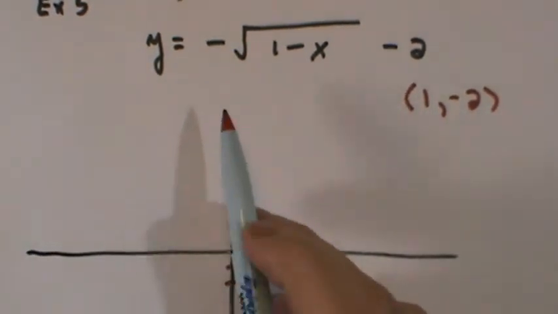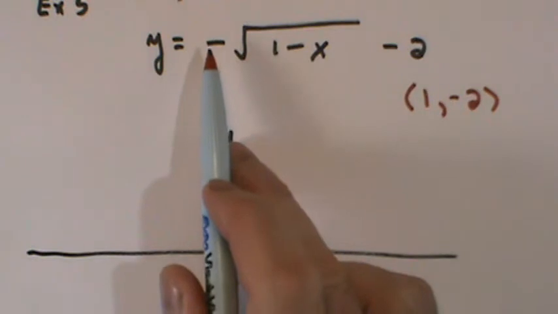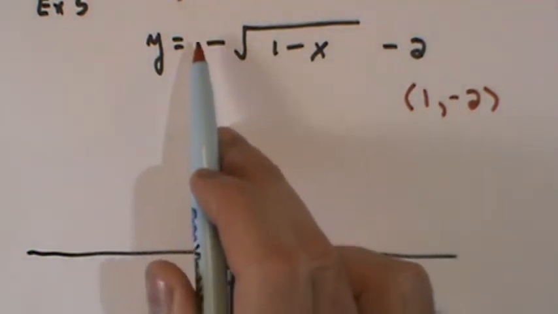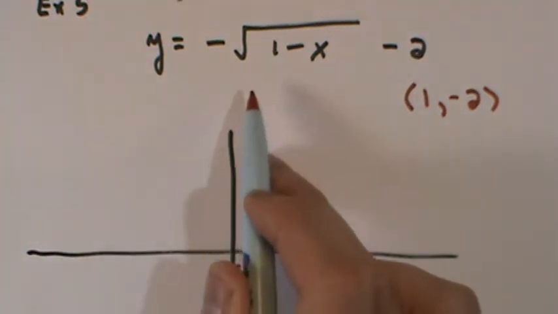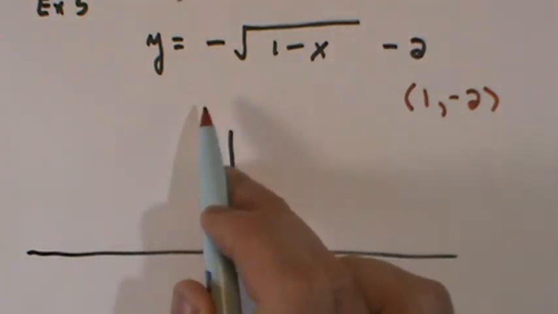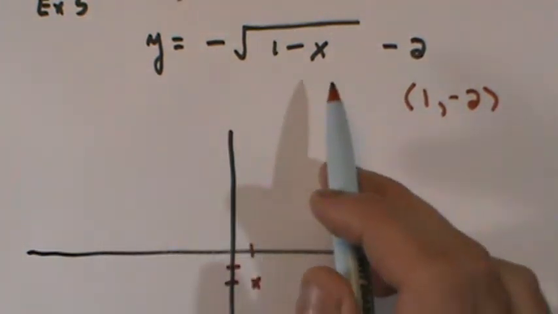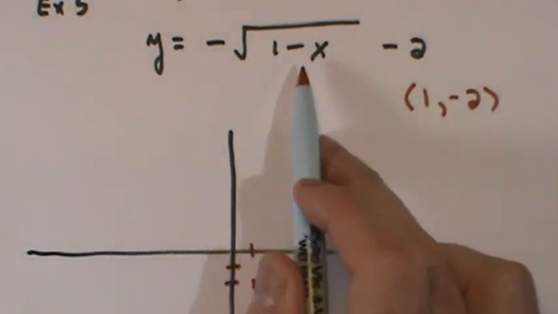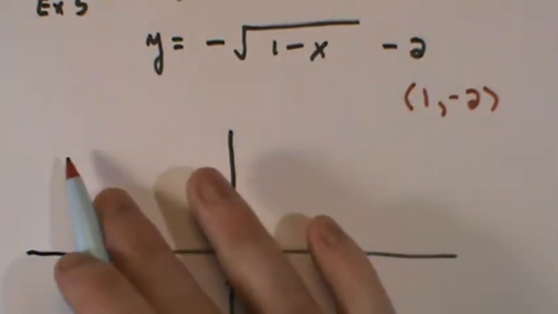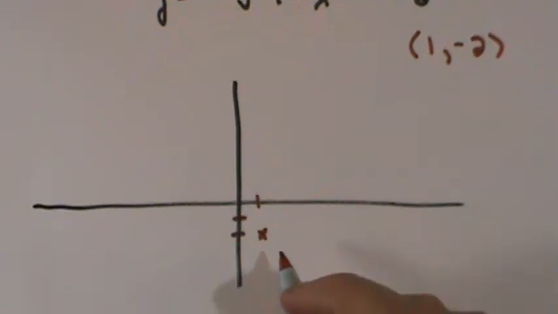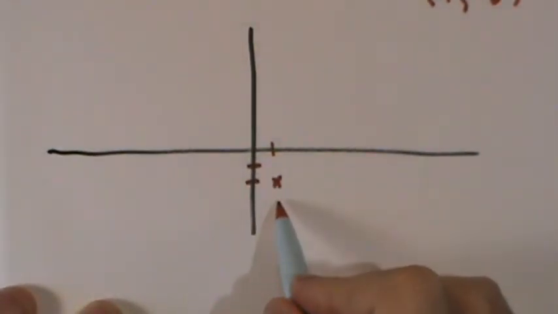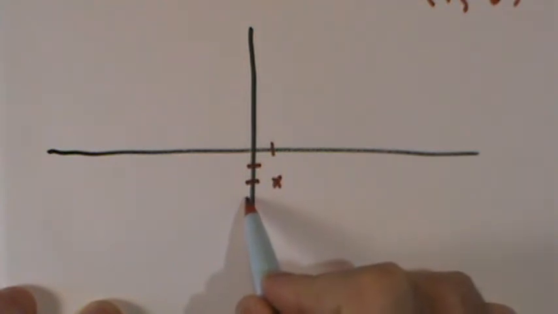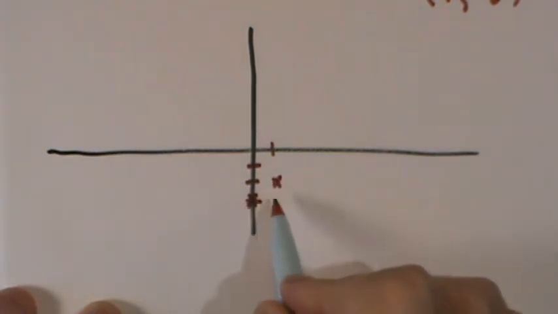Now when I go to graph this one, I do notice that I have the negative on the outside of the radical, which means that I would be looking for the lower portion of the parabola that's been kicked on its side. And the negative x under the radical means that it will open to the left. So as I go to graph this, I will go down 1 unit, left 1 unit. There would be my first lattice point from the vertex.